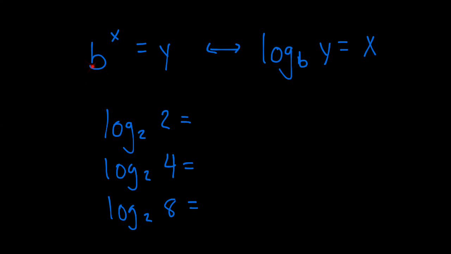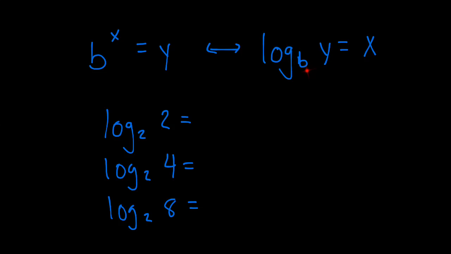So when we're dealing with an exponential, we have some base raised to a power equals some number. So a base times itself however many times gives us some value. What if we know what our base is, and we know what our value is on this side, and we want to know what the exponent would be? That's what a logarithm will tell us. So here's the notation for a logarithm, and it takes two numbers to evaluate a logarithm.